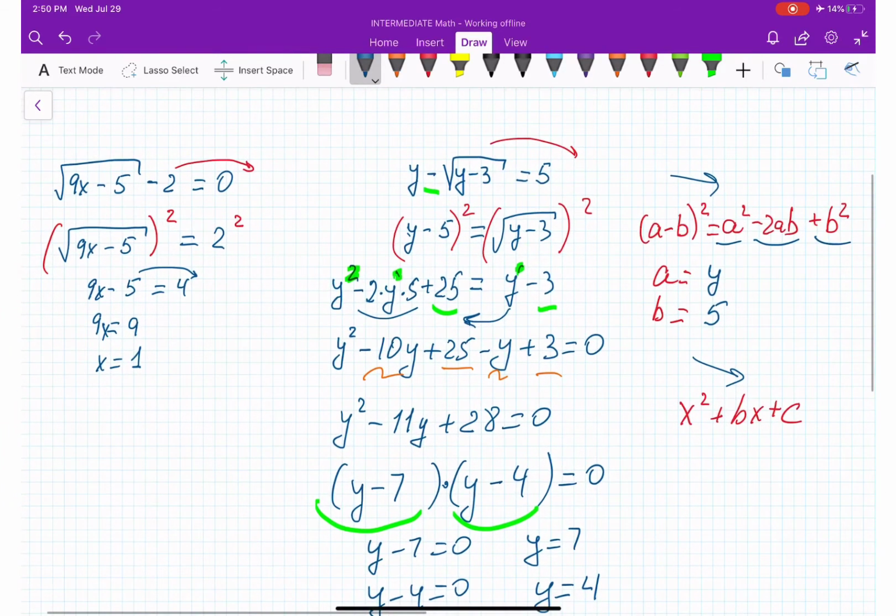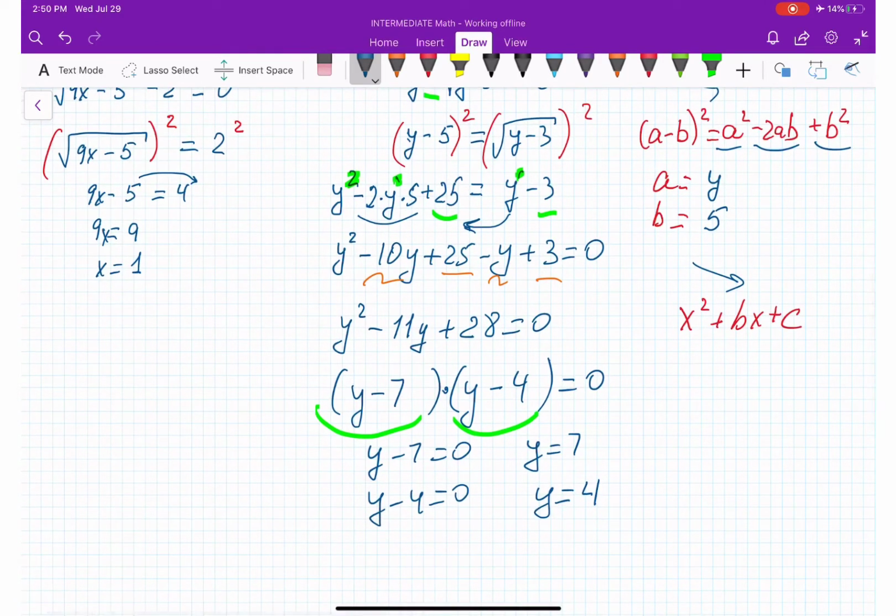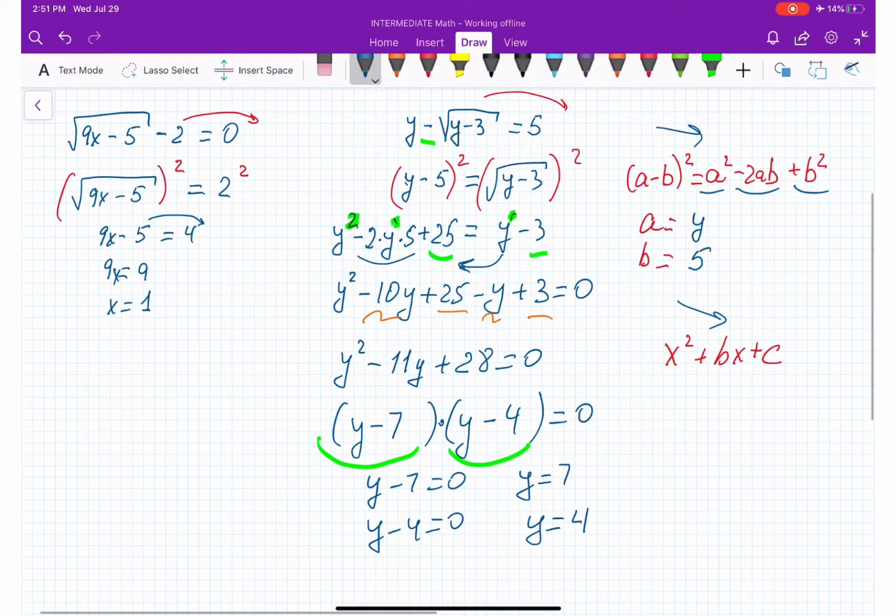Okay, every time, what is specific to radicals? Every time when you solve the radical equation, you have to plug these two answers back and make sure it's satisfied.